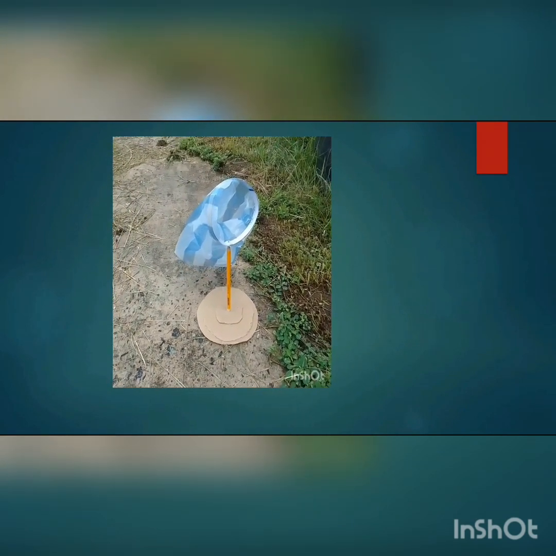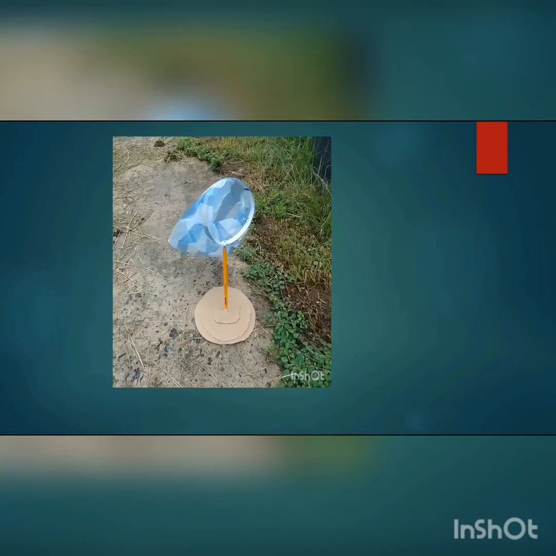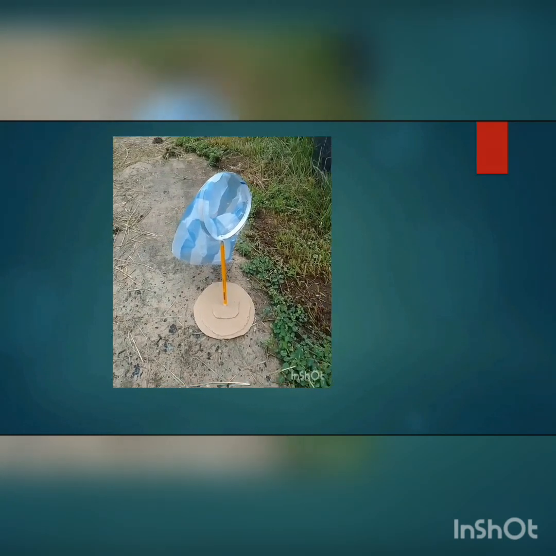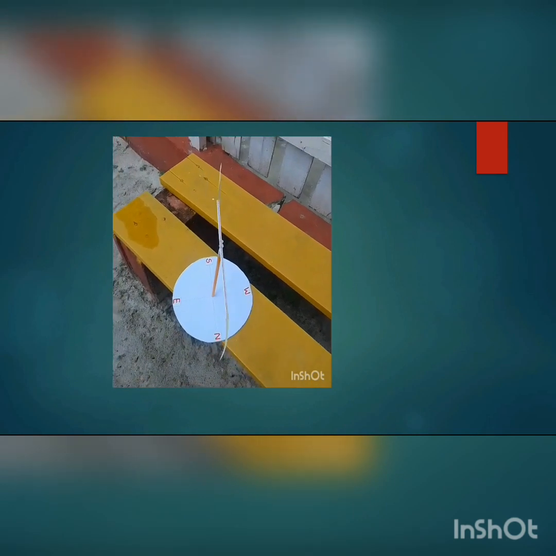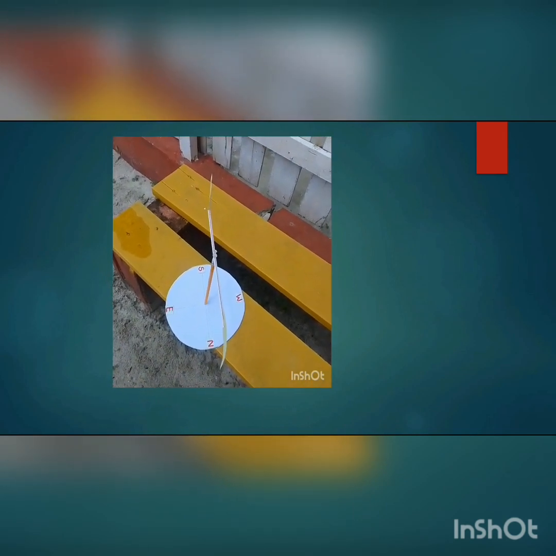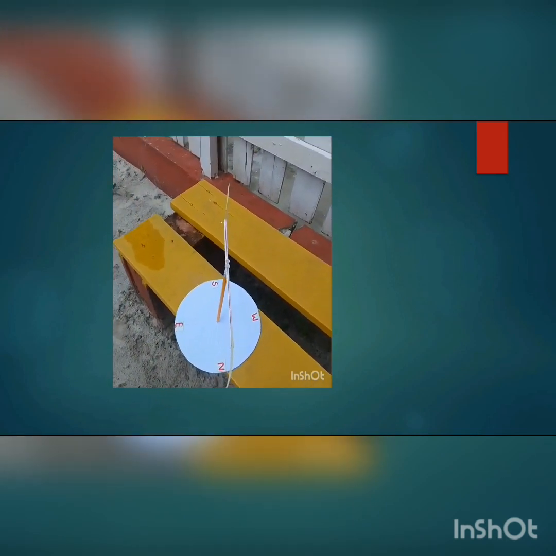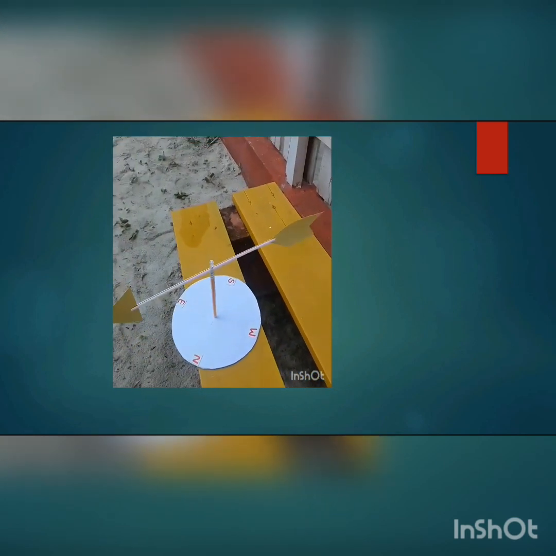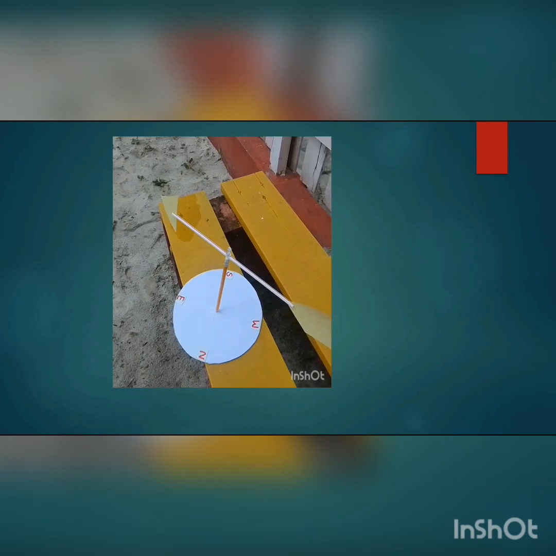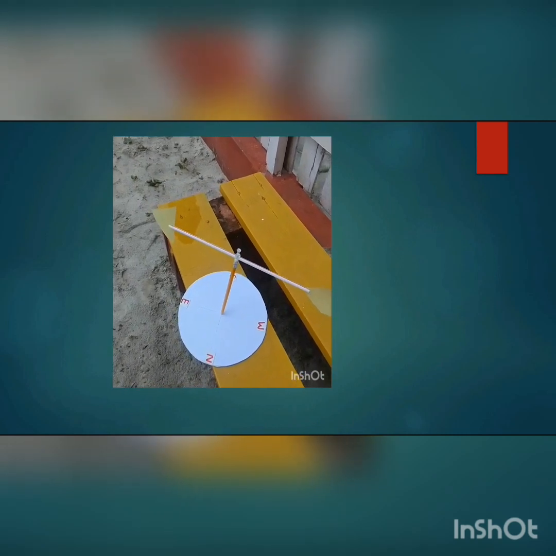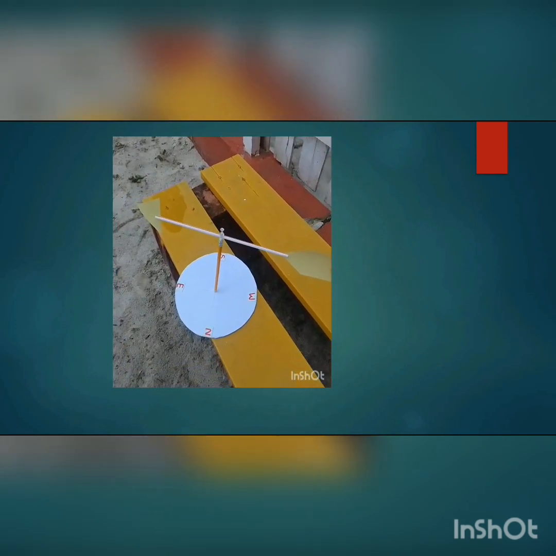Next, we have to look at the wind vane. So I put the wind vane into the wind again to see the indication of the wind, since it's an instrument used for indicating the direction the wind is blowing from. So as you can see, the wind is blowing from the east.